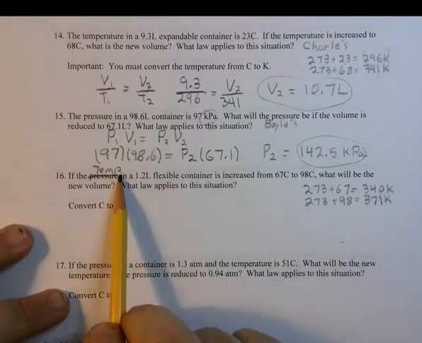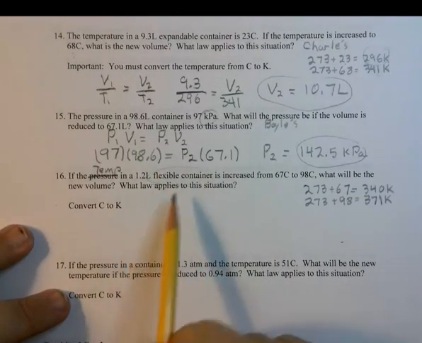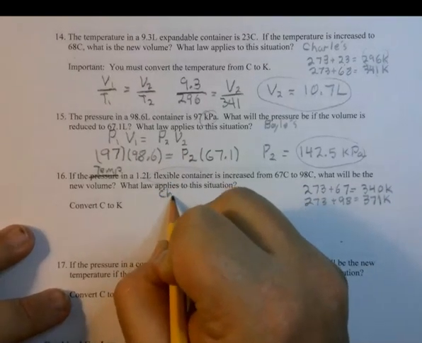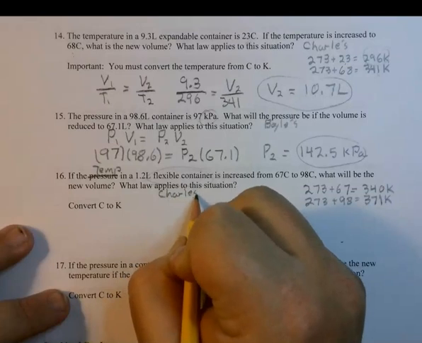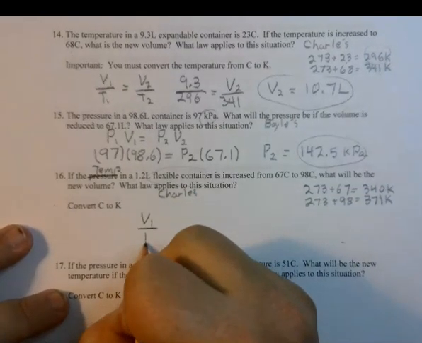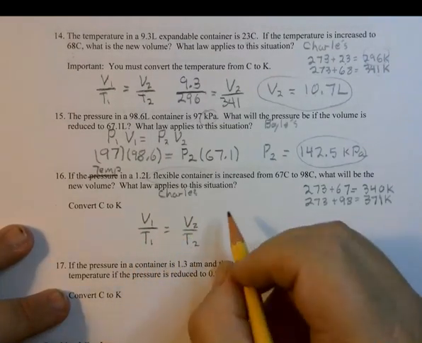This is a temperature and volume. Because it's a flexible container, the volume is going to increase. So that's a TV, so that's Charles. So it's V1 over T1 equals V2 over T2. We plug in the numbers there.